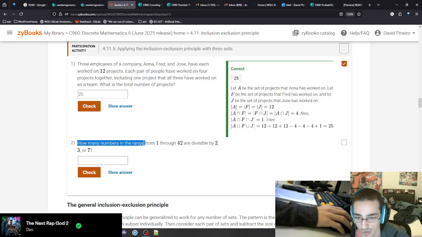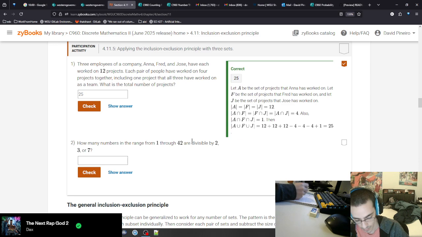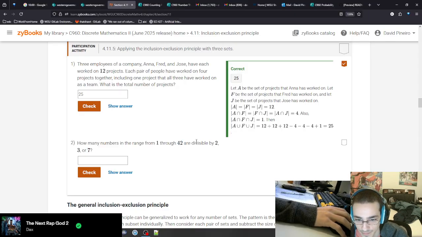Okay, so how many numbers in the range from 1 through 42 are divisible by 2, 3, or 7? Awesome. Alright. So let's just say the divisible by 2 is like... Bro, how do I even count this?